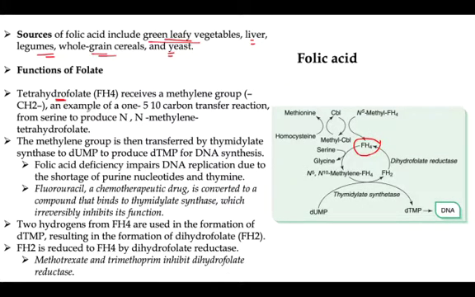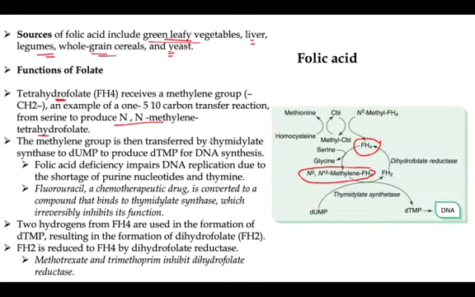And tetrahydrofolate receives a methylene group to produce N-methylene tetrahydrofolate. So this is the particular molecule where it receives a methylene group from serine. As you can see here, serine gets converted to glycine.